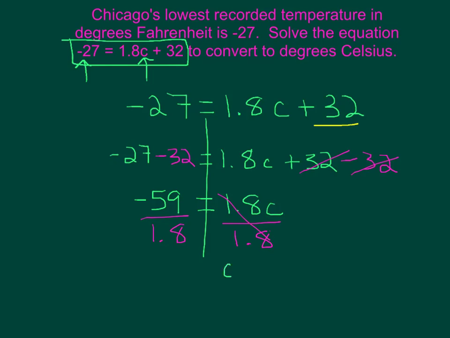And you should get that C equals 32.7 repeating, which we can round to about 32.8 degrees Celsius. Or, wait, let's not forget the negative. Negative divided by positive is negative, so negative 32.8 degrees Celsius.